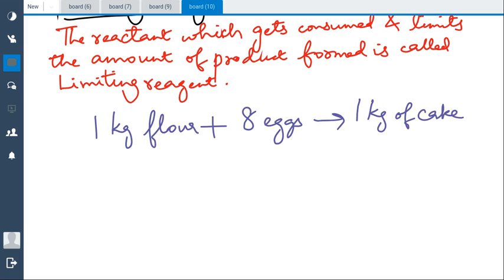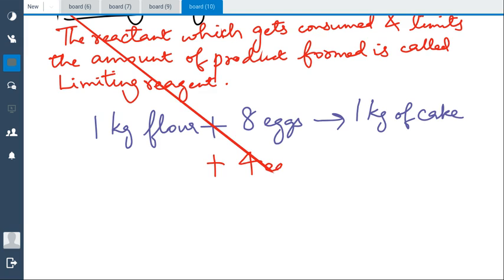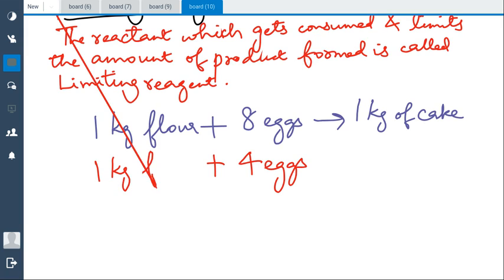Suppose you open the fridge and you're taking out the eggs. 4 eggs fall down, break. So now you're left with only 4 eggs, but you still have 1 kg flour, right? Now, what do you do? So, will you be able to bake 1 kg of cake?